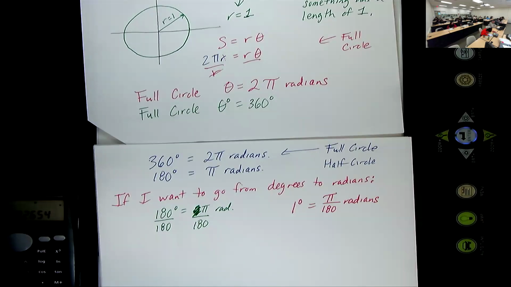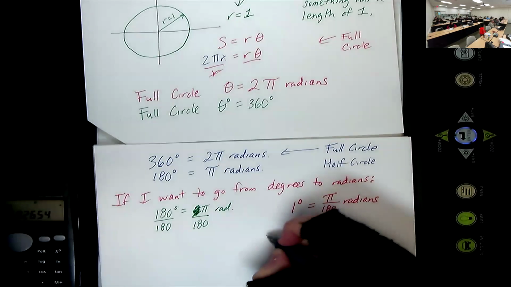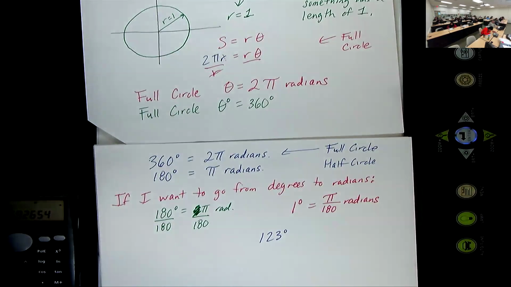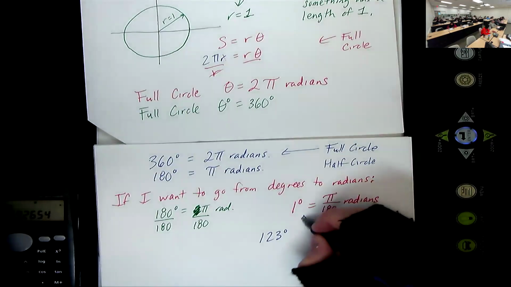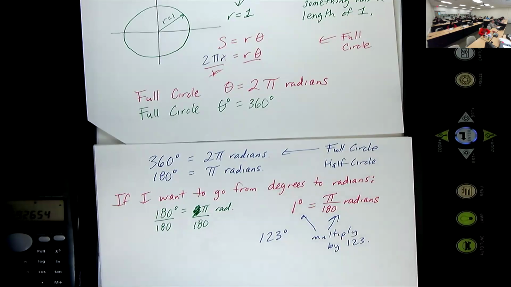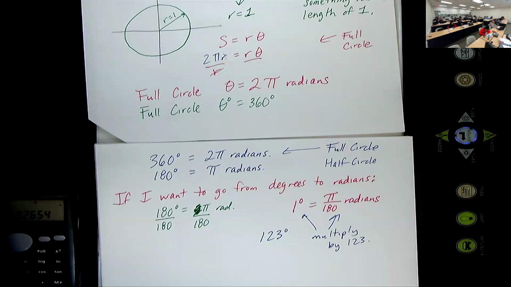So like, let's say I wanted, I don't know, someone pick a nice degree amount for me. It doesn't need to be friendly. Pick a number. 1, 2, 3. If I wanted 123 degrees in radians, that's just like multiplying this by 123. Right? If I multiply the left side, I get 123 degrees.